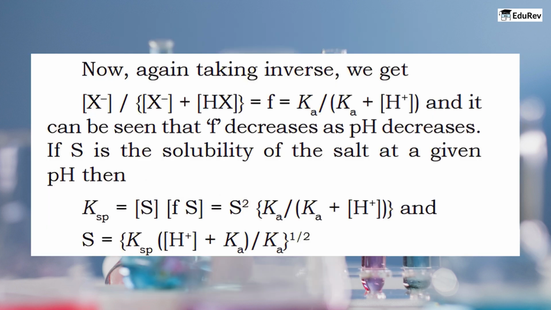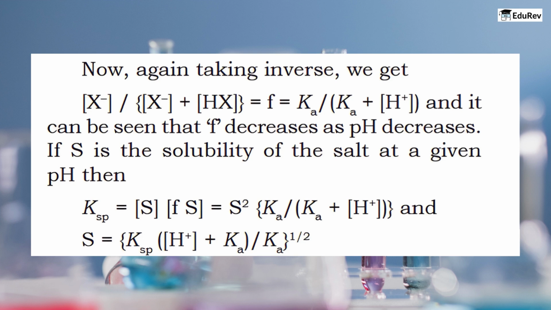Let's define a term F, the fraction of the total anion that remains as free X-. So F equals X- divided by X- plus HX. Substituting the earlier expression, we get F equals Ka divided by Ka plus H+. As H+ increases, meaning as pH decreases, F becomes smaller.